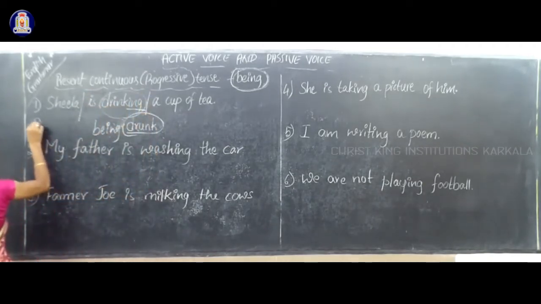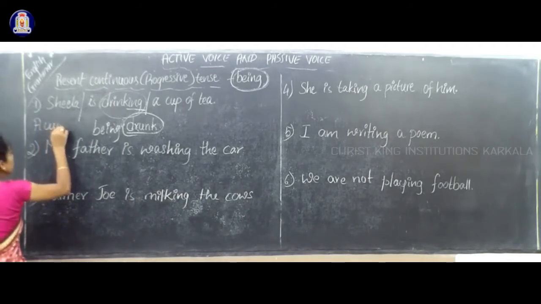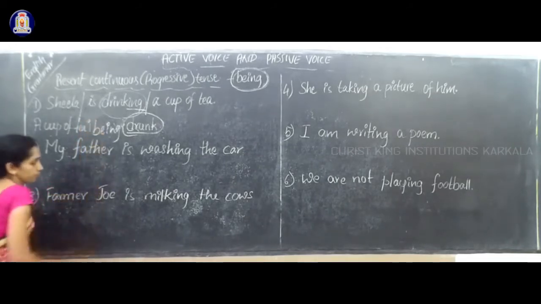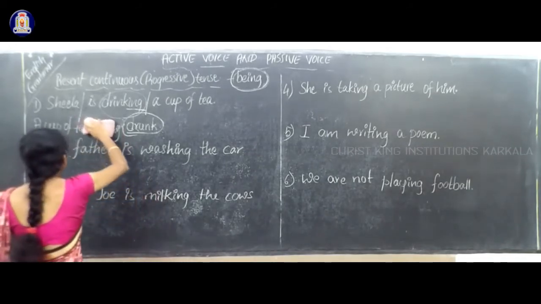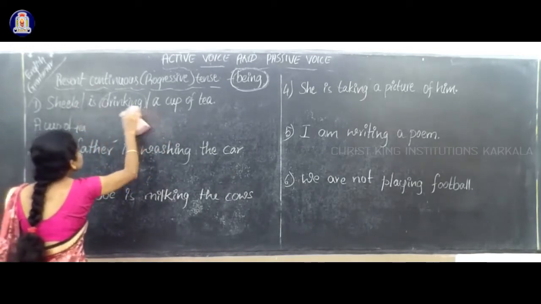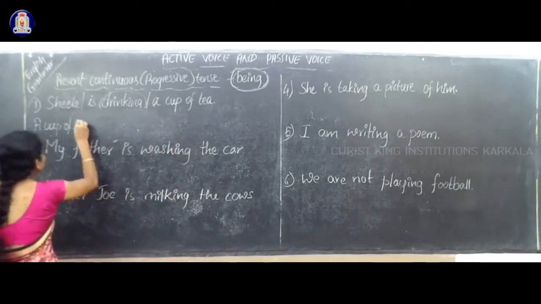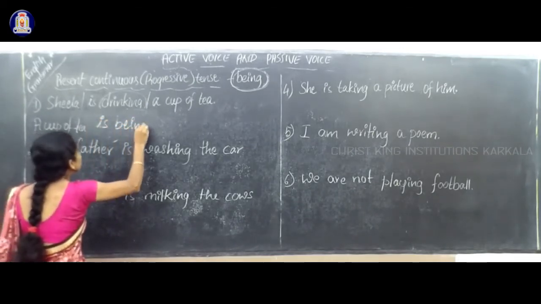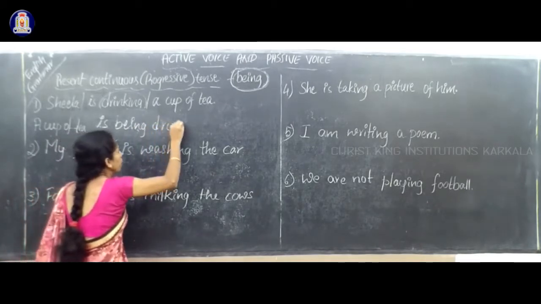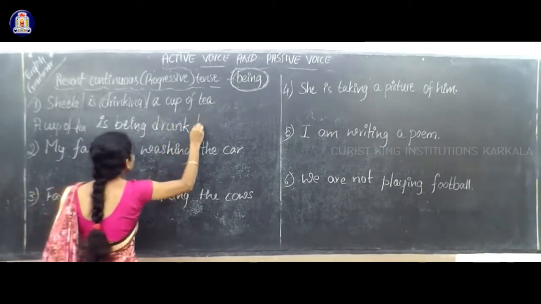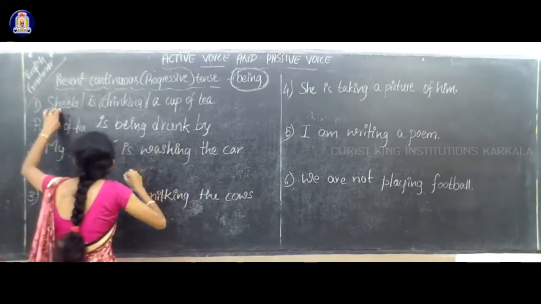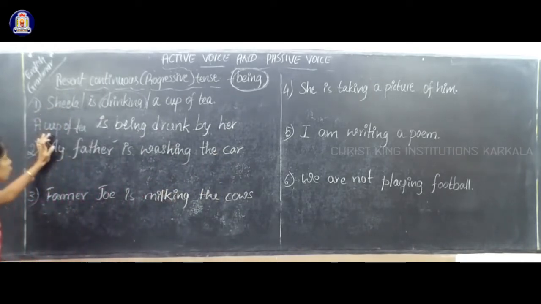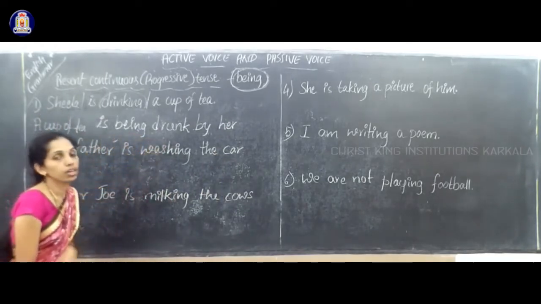So how to write the passive voice of this sentence? A cup of tea is being drunk by her, or by Sheila.